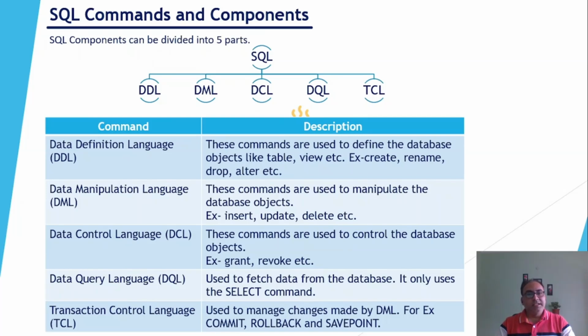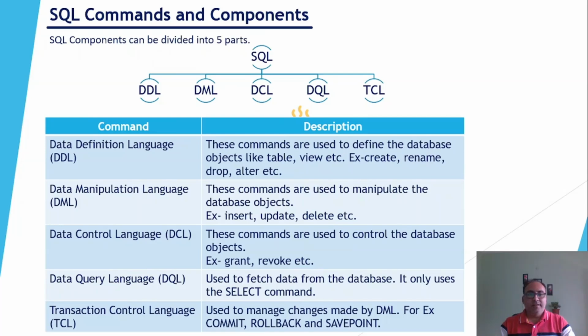Using these commands we can control access to the database objects. You can provide restricted access to one particular object to one particular user. At the same time, if you want, you can revoke certain access from a user. So grant and revoke statements fall under the category of DCL.